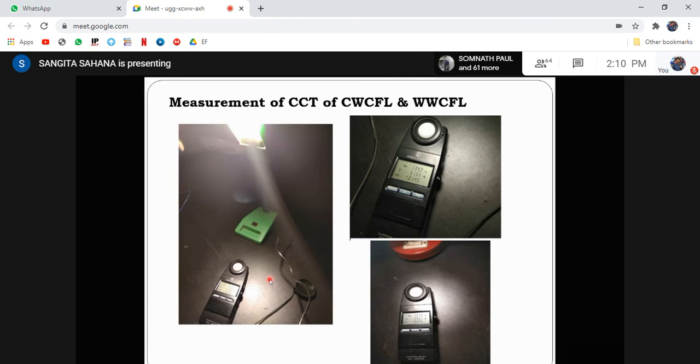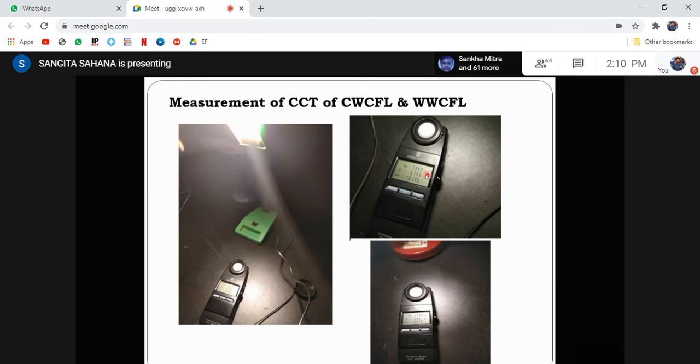So I have already talked about the silicon photocell, right? So this sensor will do the measurement instead of our eye. So we have to place the sensor under the lamp, and we can see the value like this 5155K, which is for cool white CFL, or 2551K, which is for warm white CFL, like this.